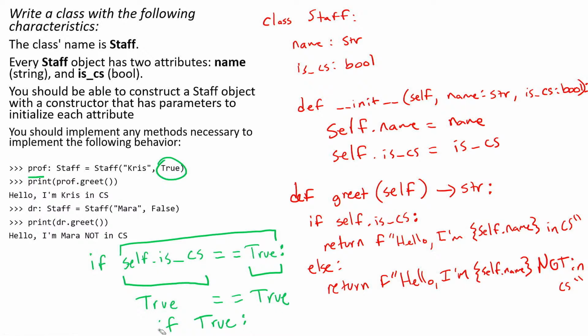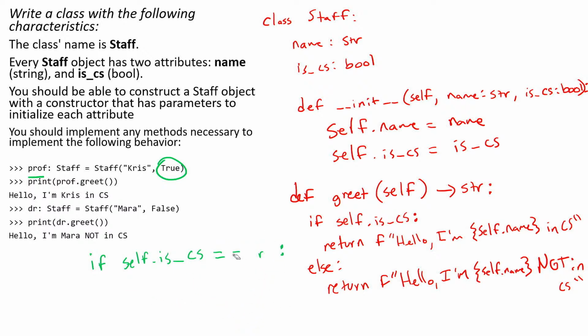Now, if we thought about it with the other object, it would have been false here. And if false is equal to true, this would have been false. So this is like saying if false, right? And we know that when that happens, we would go into the else branch instead. So what I want to convince you of, we don't need that test when we're dealing with a Boolean value, right? Because if we think about how this simplifies, well, first we go look up what this expression is.